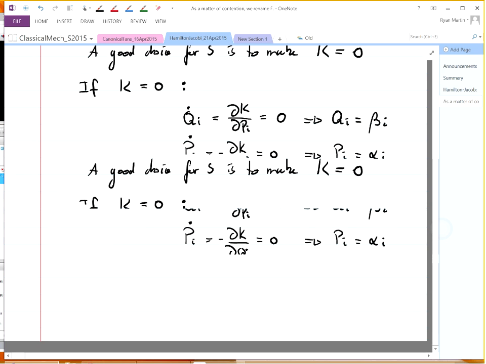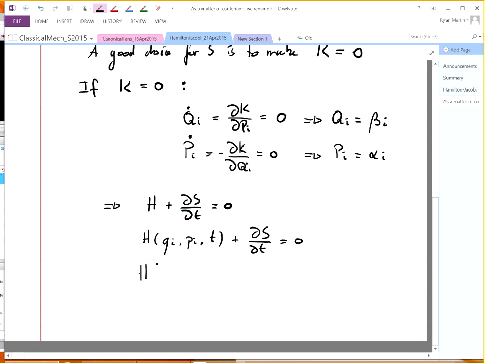So every time I have a lowercase p_i, I'm just going to write it as ∂S/∂q_i. So I have the Hamiltonian H depends on q_i. Now instead of saying it depends on lowercase p_i, I'm going to say it depends on ∂S/∂q_i, because that's what lowercase p_i is, right? And then t.